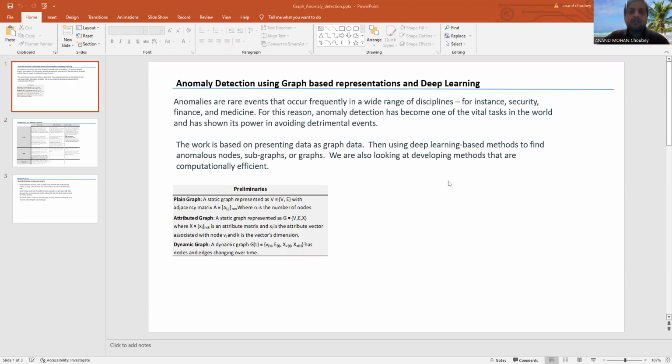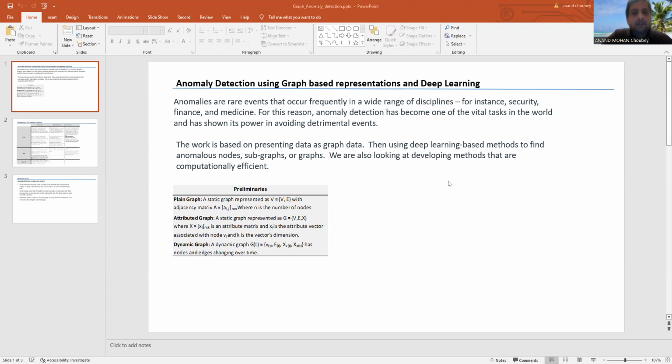For this reason, anomaly detection has been one of the vital tasks in the world and has shown its powers in avoiding detrimental events. Our work is based on presenting data as graph data and then using deep learning based methods to find either anomalous nodes in the graph, or subgraphs, or even anomalous graphs in a graph database. We are also looking at developing methods that are computationally efficient.